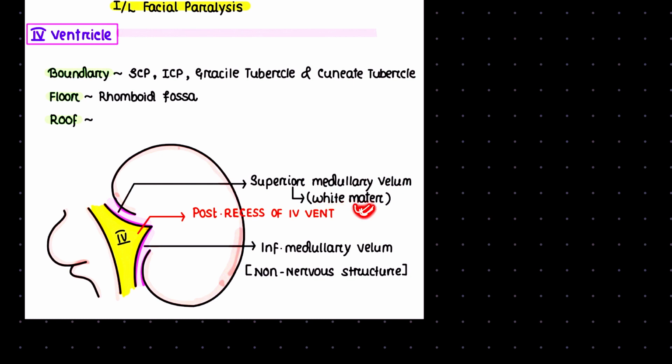The inferior medullary velum is not related to the nervous system, it is the extension of the pia mater. So it is a non-nervous structure because it is the extension of the pia mater, but the superior medullary velum is a nervous structure, a collection of axons, that is white matter.